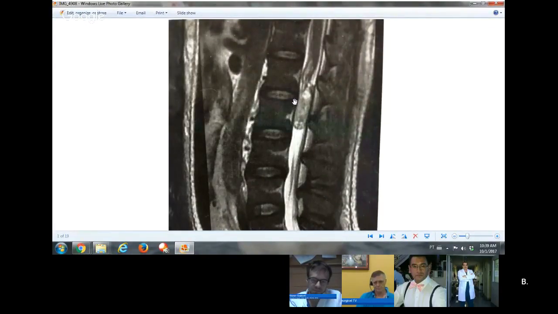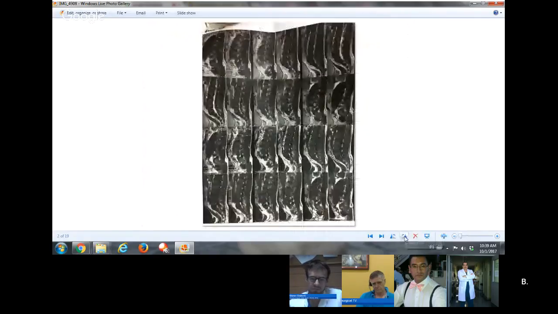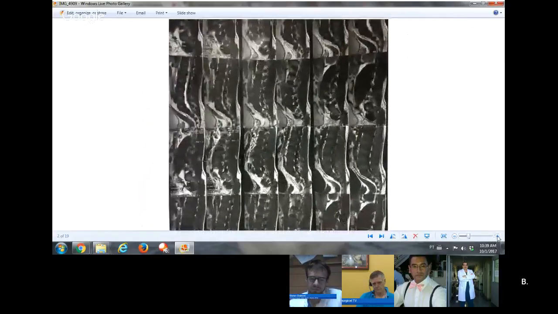And he has this mass in the spinal canal. You know, this is the conus, and this is a mass, a lesion. Let me show you another. Here's the MRI.